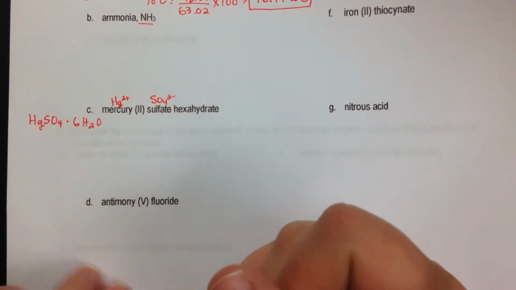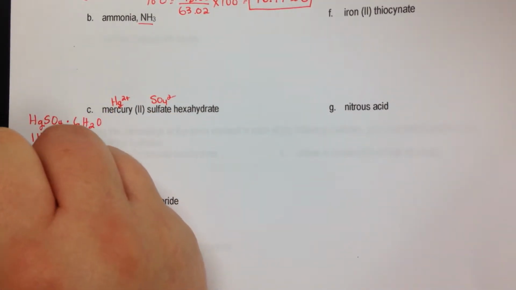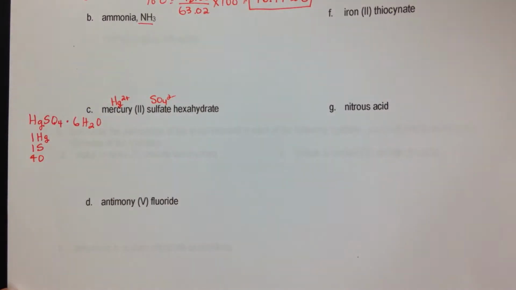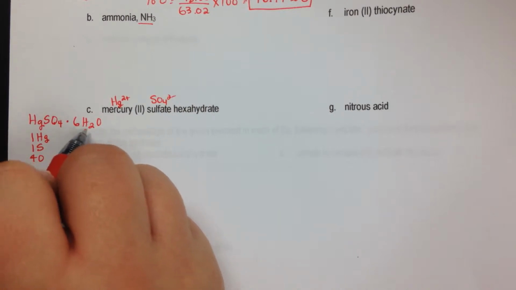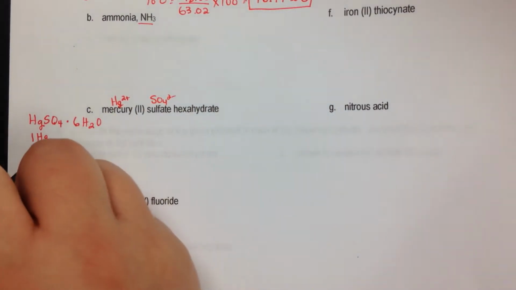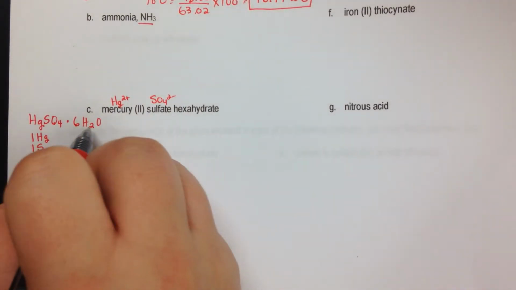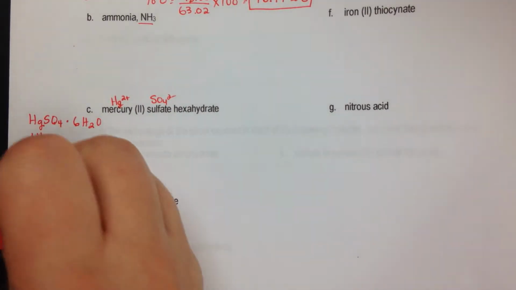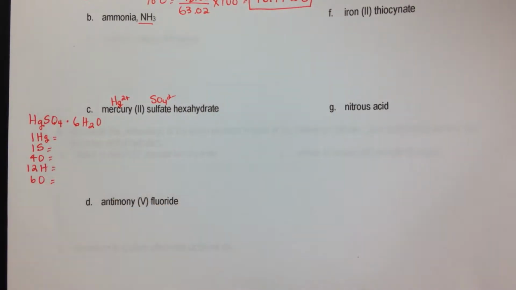Okay, so what I like to do on these types of problems when dealing with hydrates is I just like to read left to right. So 1 mercury, 1 sulfur, 4 oxygens that come from that. When you're applying how many of each element in the water portion, it's 6 times 2, so 12 H's, and then 6 times 1 oxygen. And this is just a method that I like. Some people like to combine the total number of oxygens. That's fine. It's really up to you.